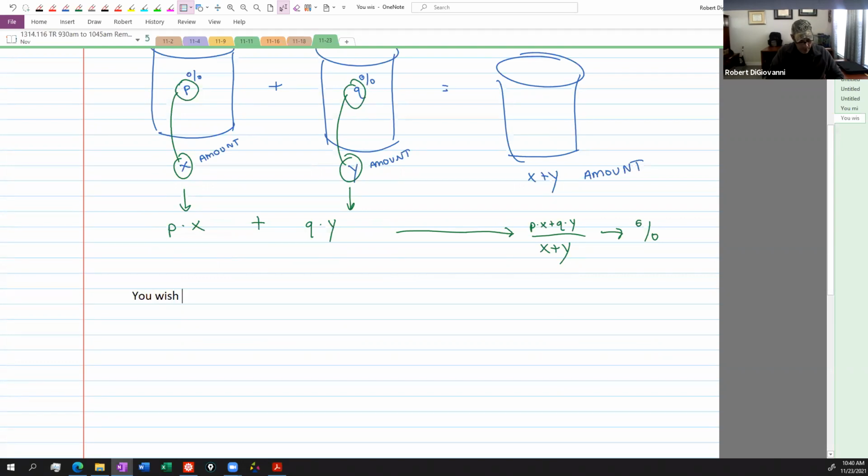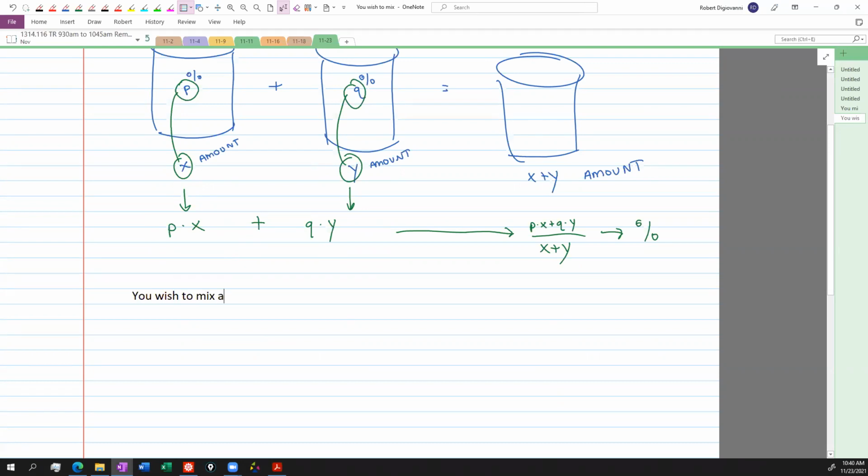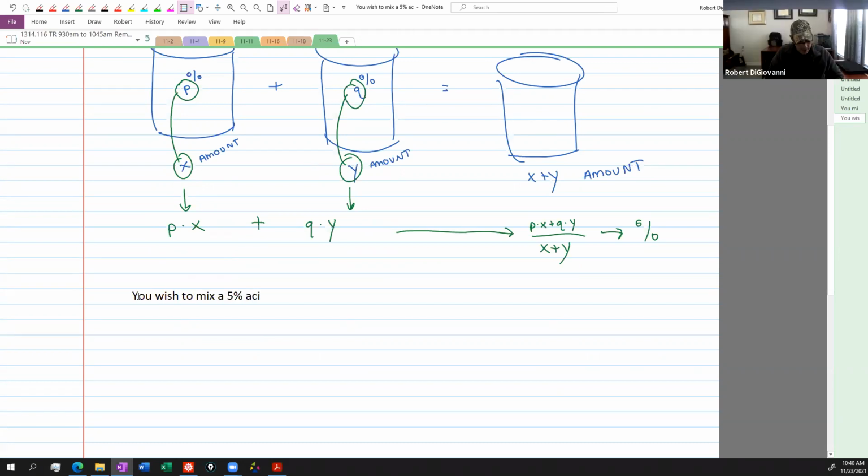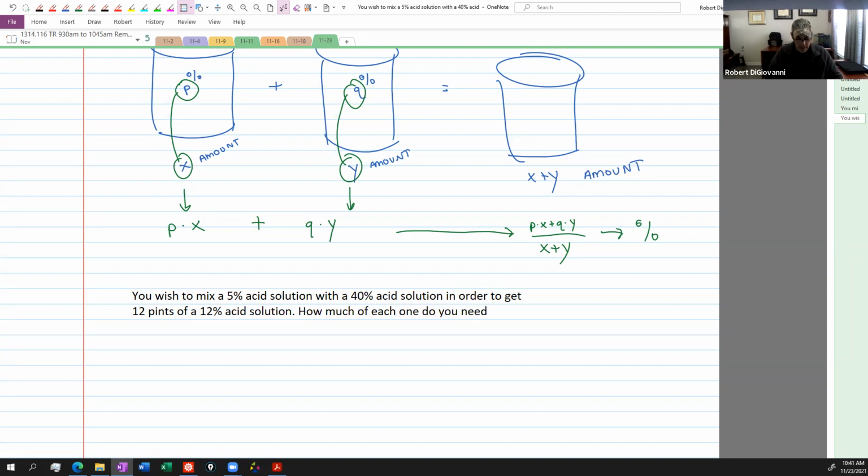You wish to mix a 5% acid solution with a, let's go with a 40% acid solution in order to get 12 pints of a 12% acid solution. How much of each one do you need?